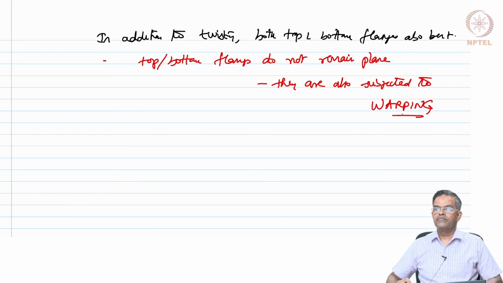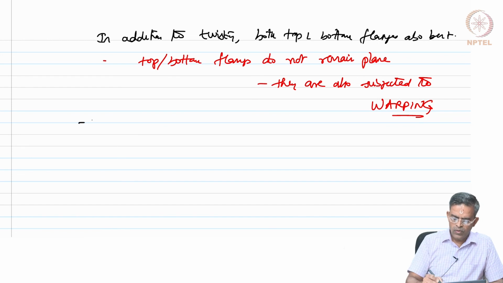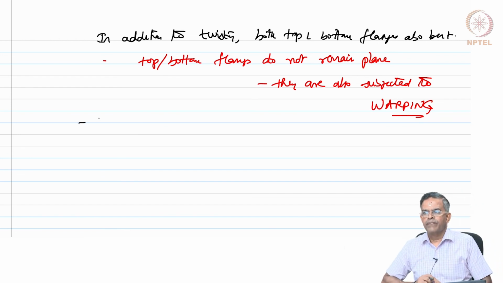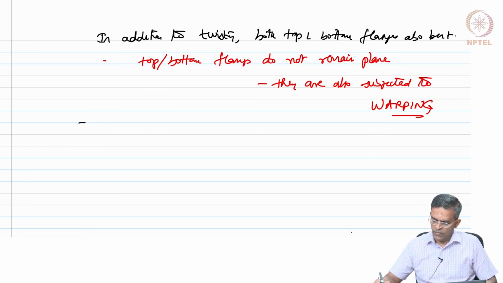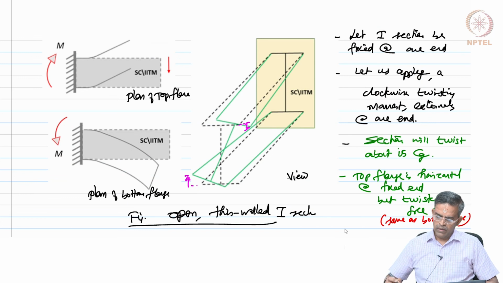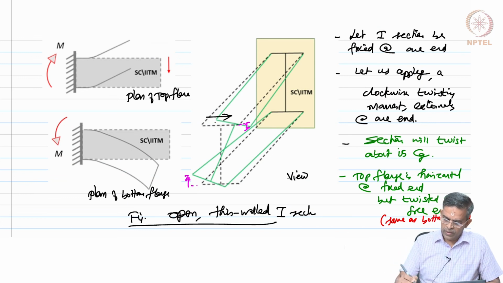Furthermore, one can also notice that the top flange laterally moved to the right side while the bottom flange moved to the left. See the figure here? Top flange moved to the right while bottom flange moved to the left. Am I right?